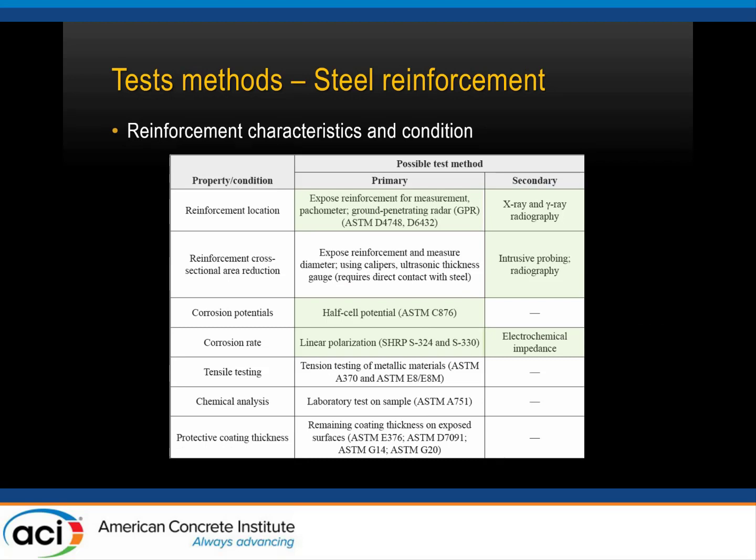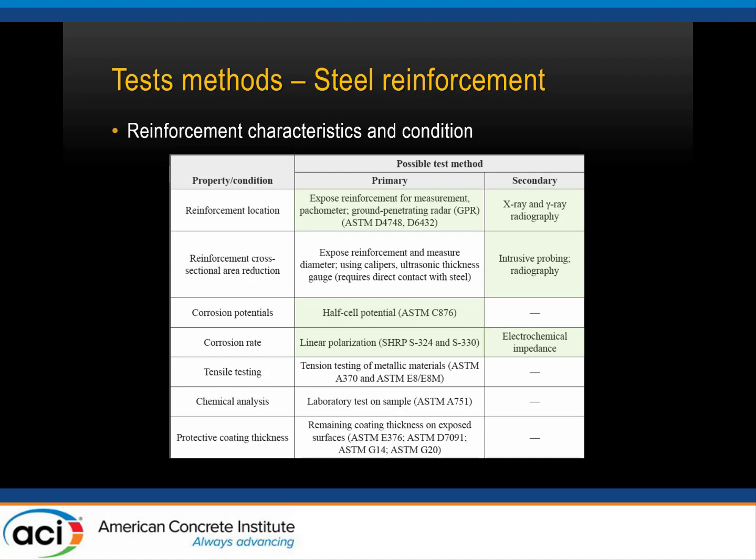So we've got a wide set of tools for concrete, and as you know, the variety of problems that may arise in concrete depending on the exposure condition, depending on the components, is rather wide.